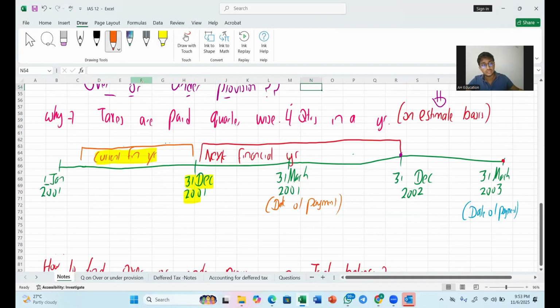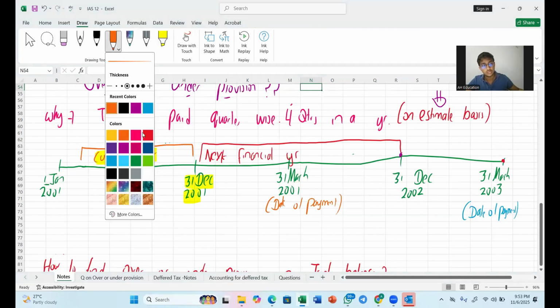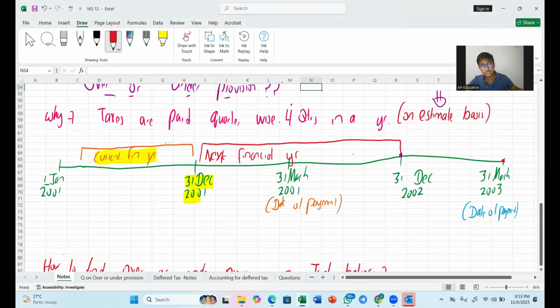No, this is totally wrong. The payment for your financial year, which has ended on 31st December 2001, will only be made on 31st March 2002, which falls within your next financial year. At that particular date only, you will be making the payment for this financial year.